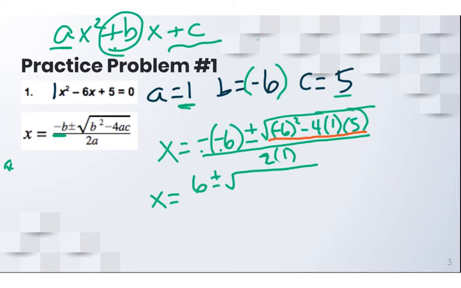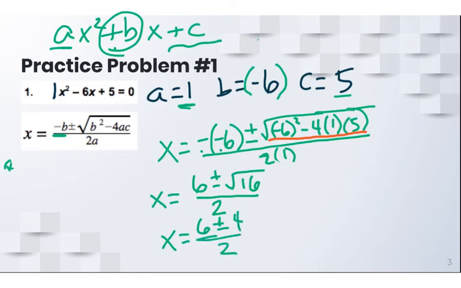So when I press enter, I get 16. So here I'm going to have 16. Actually didn't need this to be as long as I made it. Divided by 2 times 1 is 2. Okay, 16, that's pretty easy to figure out the square root. So the square root of 16 is 4. So this is x equals 6 plus or minus 4, all over 2.